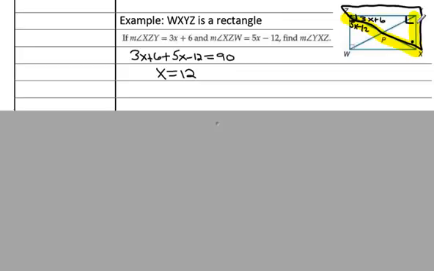We already know that this angle is 90 degrees, and this angle is 3x plus 6, so it's 3 times 12 plus 6, which is 42 degrees. So I'm going to go ahead and replace this angle with 42 degrees.